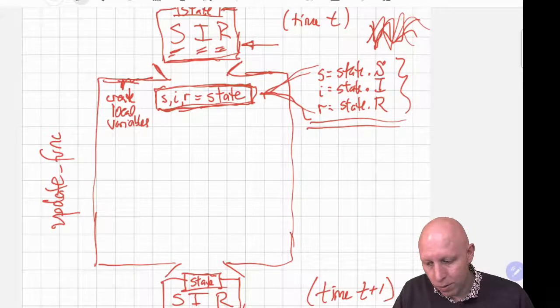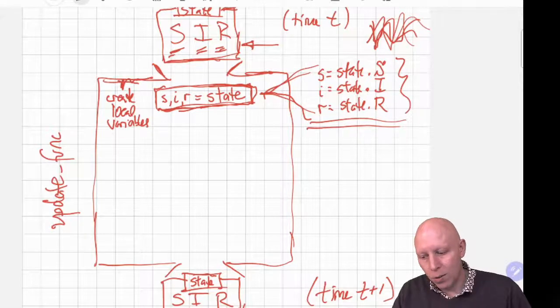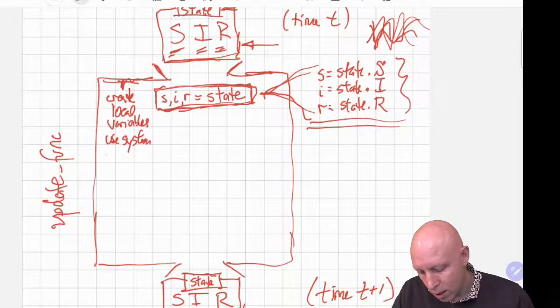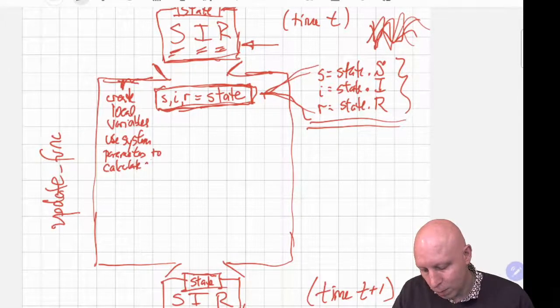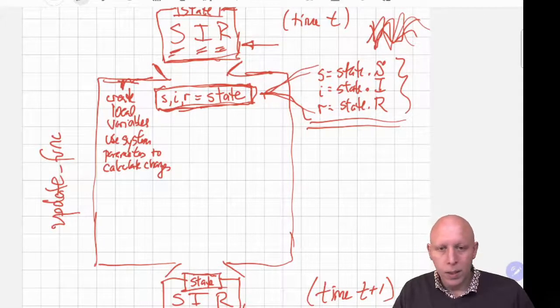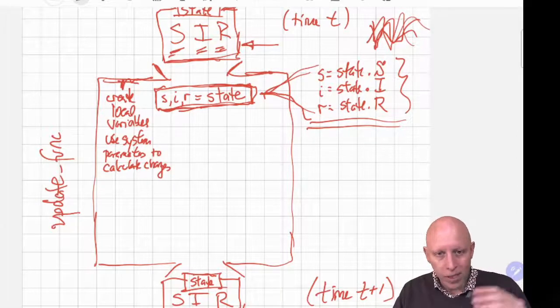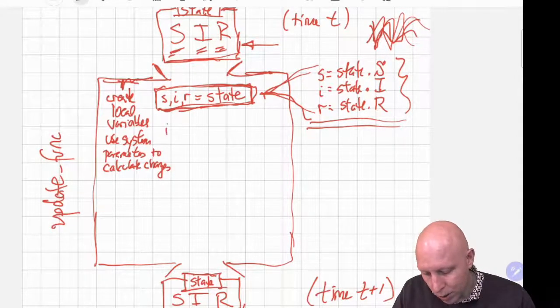So now that we've created the local variables, we can use the system parameters to calculate the changes. As you remember, the transition from S to I to R was due to infection. So we have some number of infected people, and we have some number of recovered people.